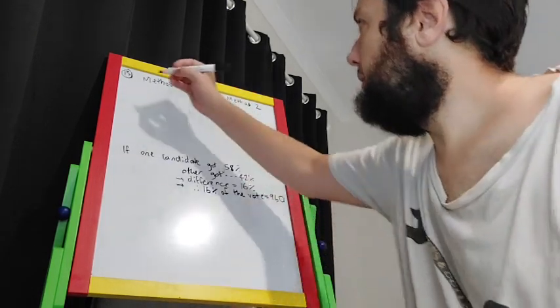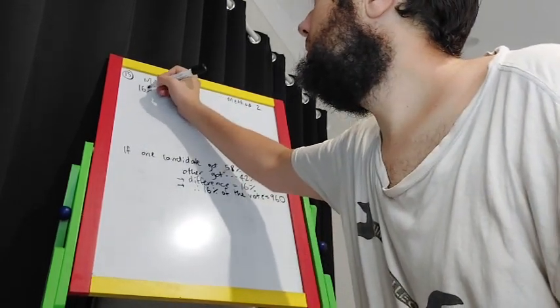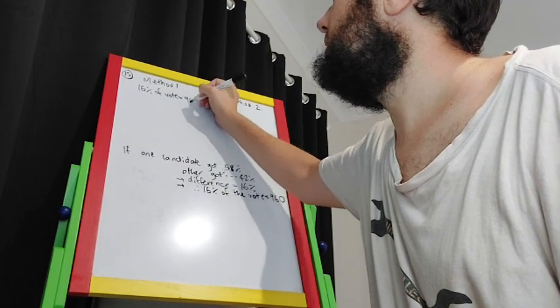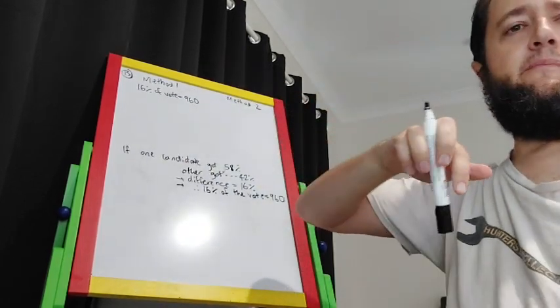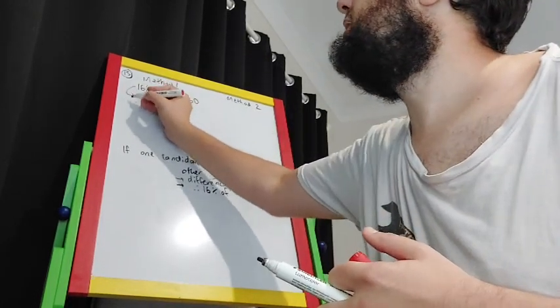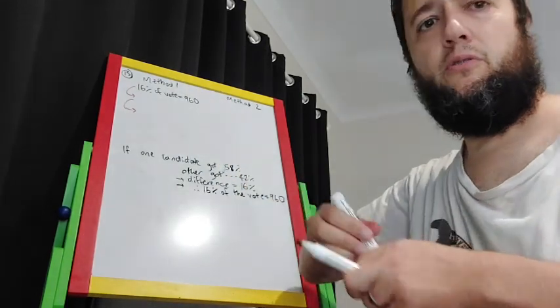So the first method, where we go 16% of the vote is 960, we're going to use exactly the same technique I used on the previous question. You can use that to find 1% of the vote, which will then give you all of the vote.